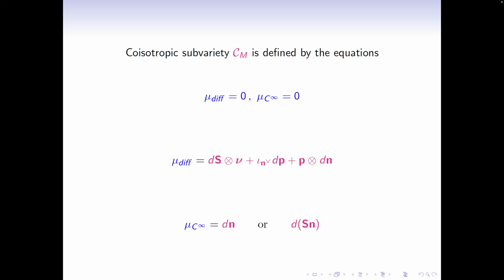There is a little computation you do which produces the generator, in the sense of the moment map, of the action of the group of diffeomorphisms on these forms. The first term is a 1 form dS tensor the 4 form mu. The last term is also clear: it's the 1 form p tensor dn, which is a 4 form. The middle term is a bit tricky.